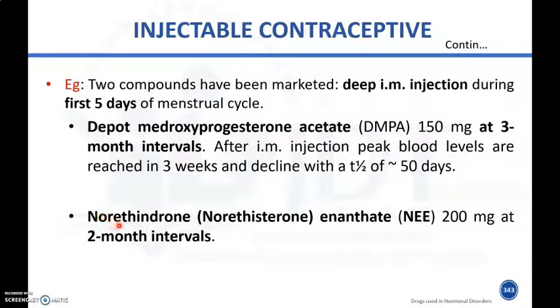Another example is norethindrone or norethisterone enanthate, 200 mg at 2-month interval. That is the advantage of injectable contraceptives: a 3-month or 2-month interval instead of taking 21 days of oral contraceptive pills.